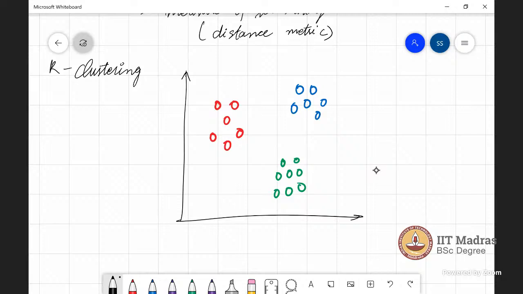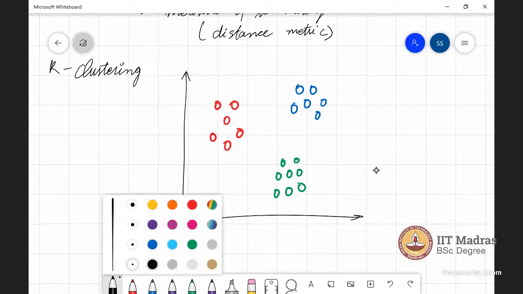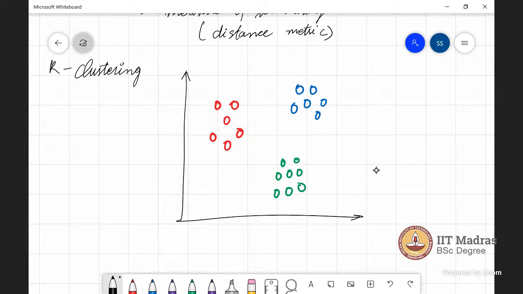Though I have marked them with different colors, they are not labeled, they belong to the same data set. And just to highlight the fact that they are quite distant from each other, I shouldn't say linearly separable, because it is not a classification problem. Okay, so these are the groups. So from clustering, once we apply this k-means clustering algorithm, we want k to be 3 by visually inspecting it.